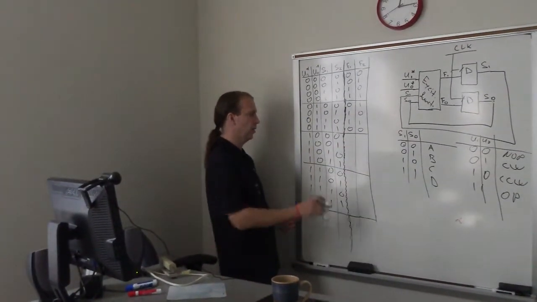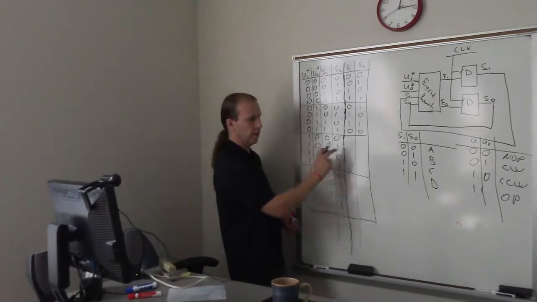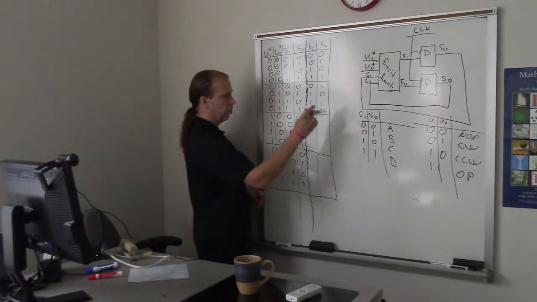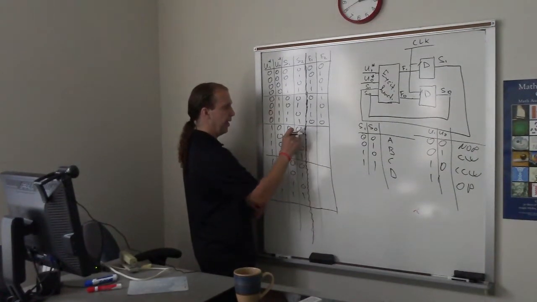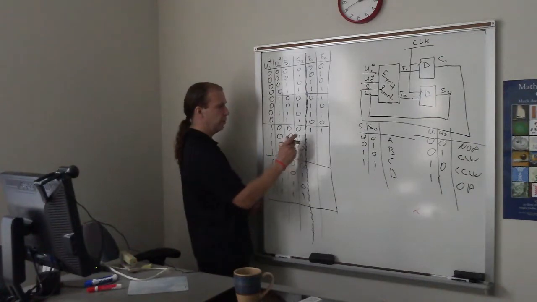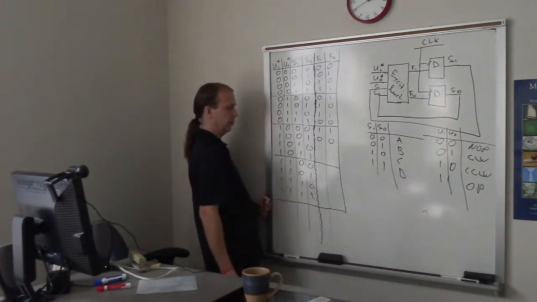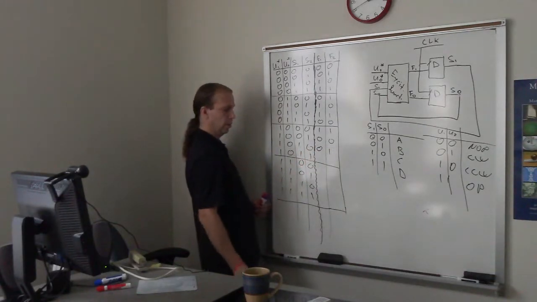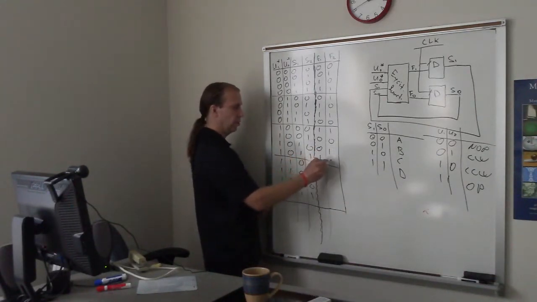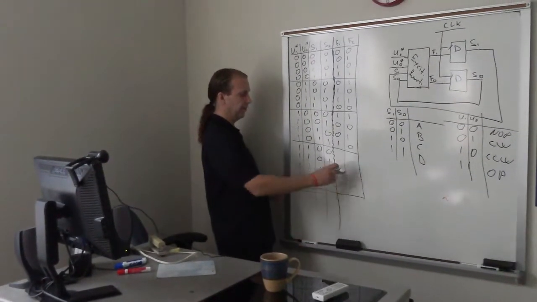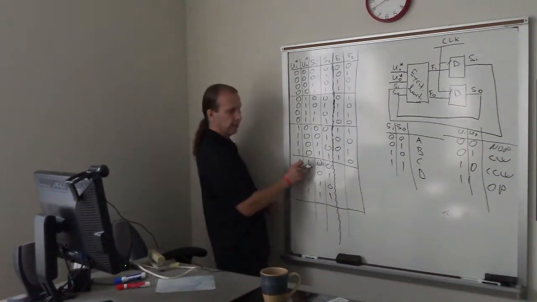Same logic here. The command now is 1, 0, counterclockwise. Counterclockwise moves us from A to D, from B to A, from C to B, and from D to C. And finally, the command is opposite.